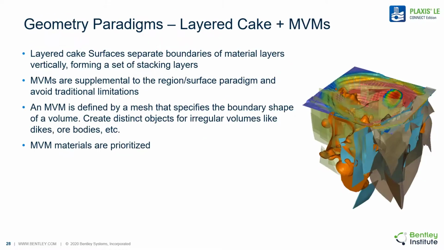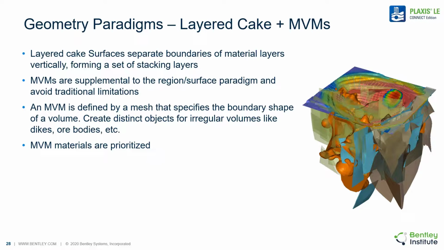For a layer cake plus material volume meshes, the layer cake surfaces separate boundaries of material layers vertically, forming a set of stacking layers. Some types of geological models are really complex to be designed using the layer cake approach. In this sense, the material volume mesh was implemented to overcome the limitations of the traditional approach.